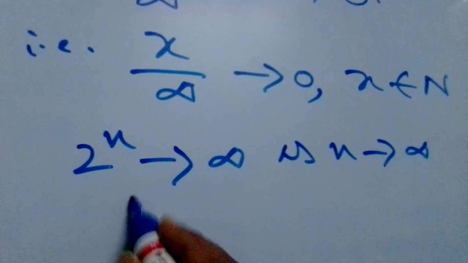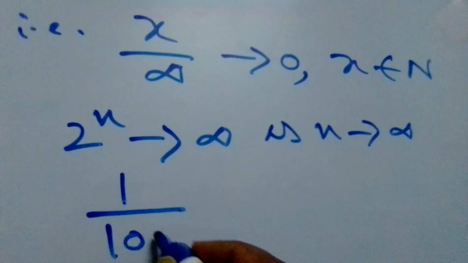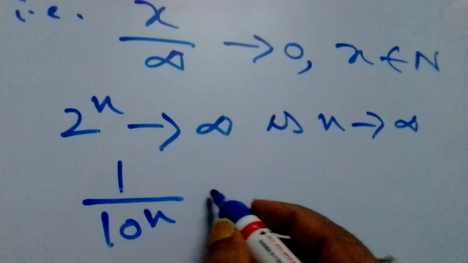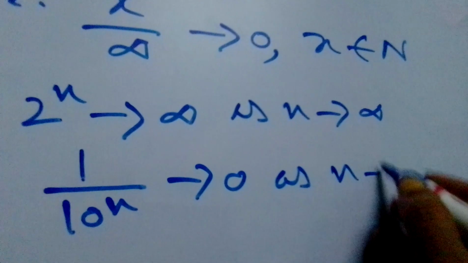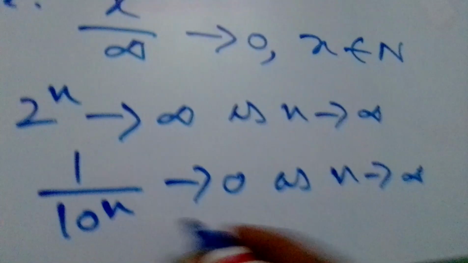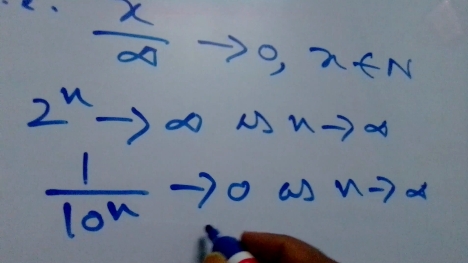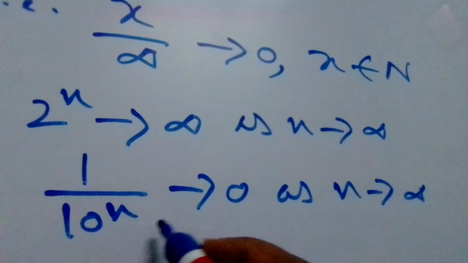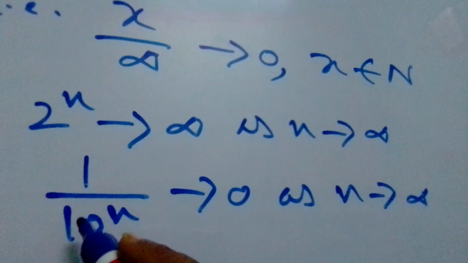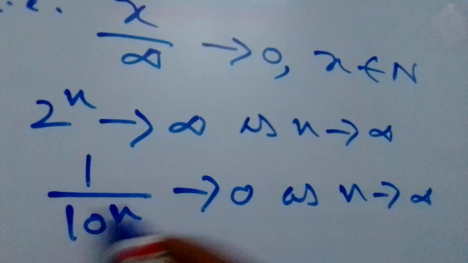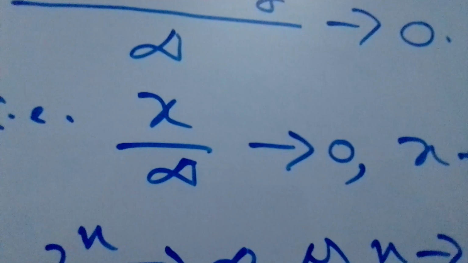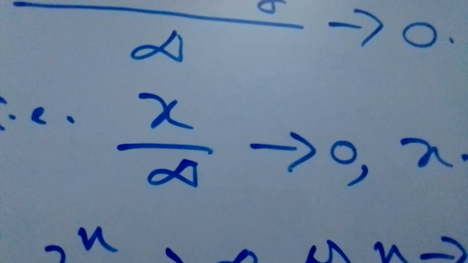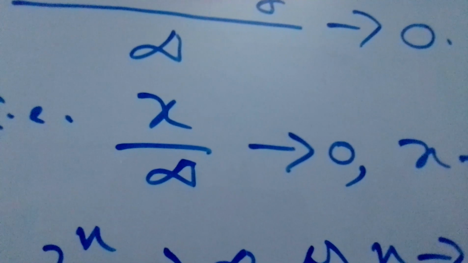And also 1 by 10 to the power n tends to 0 as n tends to infinity. We discussed this idea, and already we know that 10 to the power infinity also goes to infinity, that's why 1 by infinity tends to 0. So in this way we discussed the precise form of how infinity works in power relation and division. In division we end our discussion today.